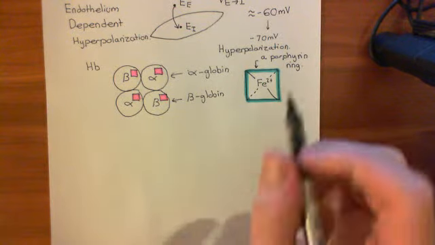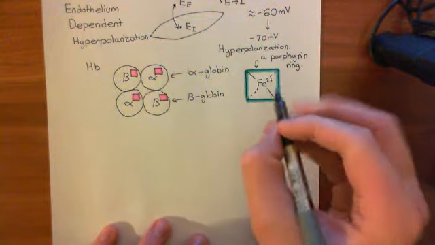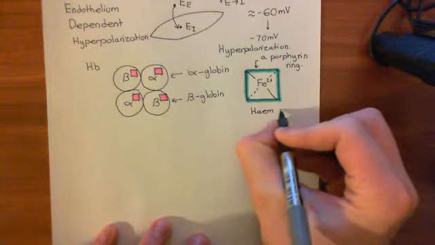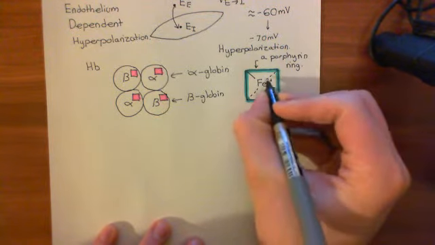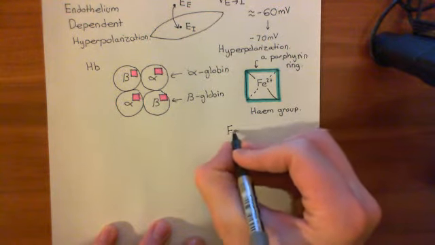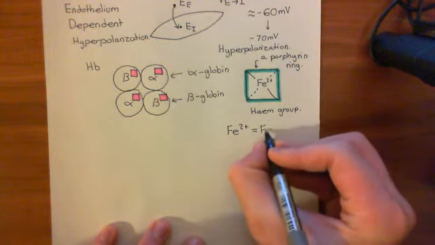Then what you do is you stick this iron cation at the centre of the porphyrin ring, and that creates you this heme group. Now, this iron cation here, which has a double positive charge, is a divalent cation, and that's why it's called a ferrous cation.